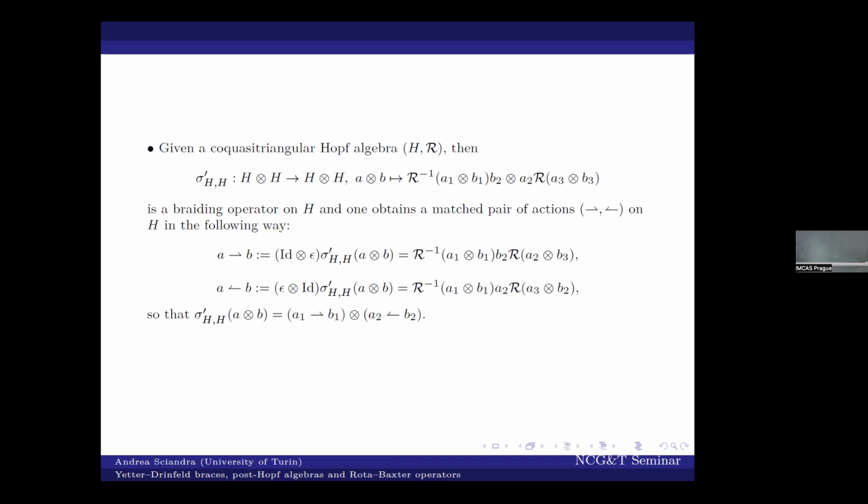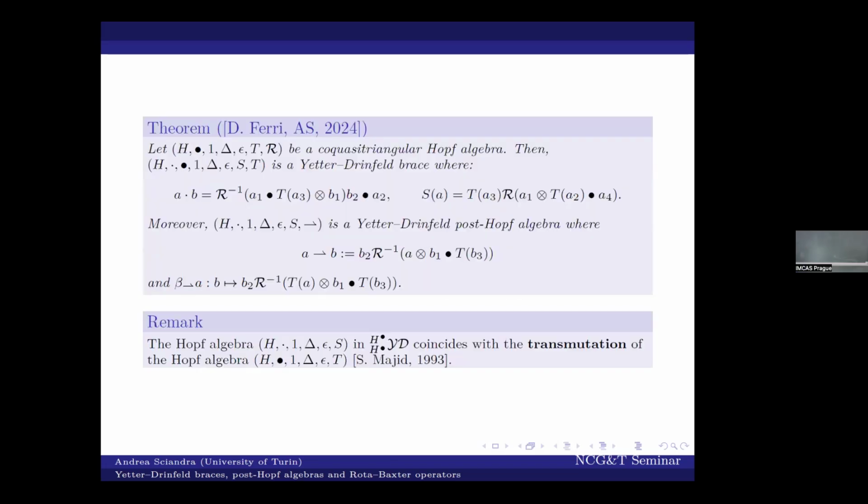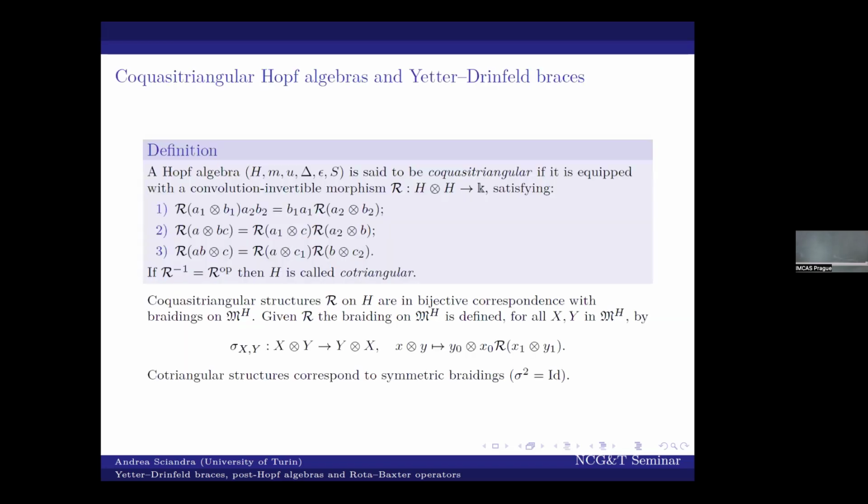And we know that match pairs of actions are isomorphic as categories to Drinfeld braces and to Drinfeld post-Hopf. So if we have a match pair of actions, we can build a Drinfeld brace and a Drinfeld post-Hopf. In fact, we have this theorem: if we start with a co-quasi-triangular Hopf algebra, then we obtain a Yetter-Drinfeld brace by defining dot and S. I come back maybe to the definition.